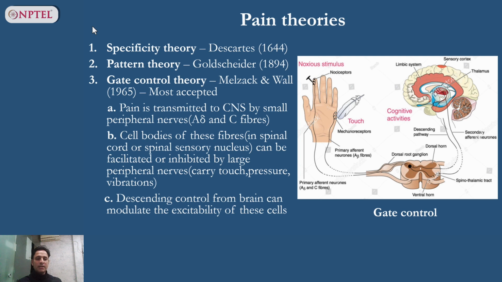And these cell bodies can be facilitated or inhibited by large peripheral nerves, those that carry touch, pressure and vibration, etc. Finally, the third point is the descending control system that descends from the higher centers. This can control and modulate the excitability of these cells within the spinal cord level or the spinal sensory nucleus.